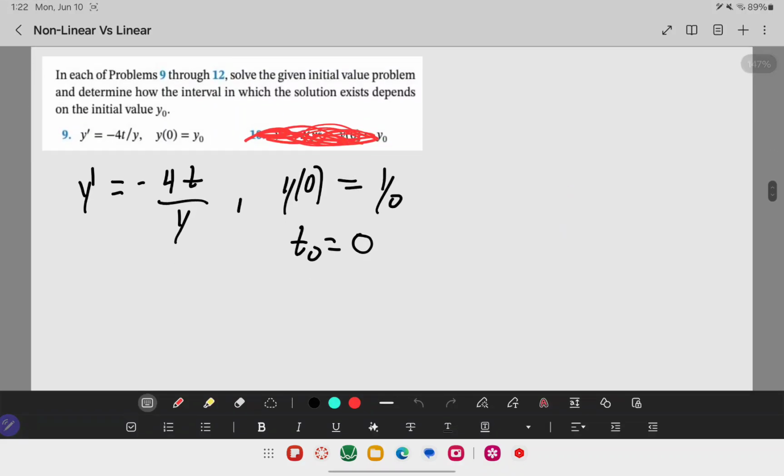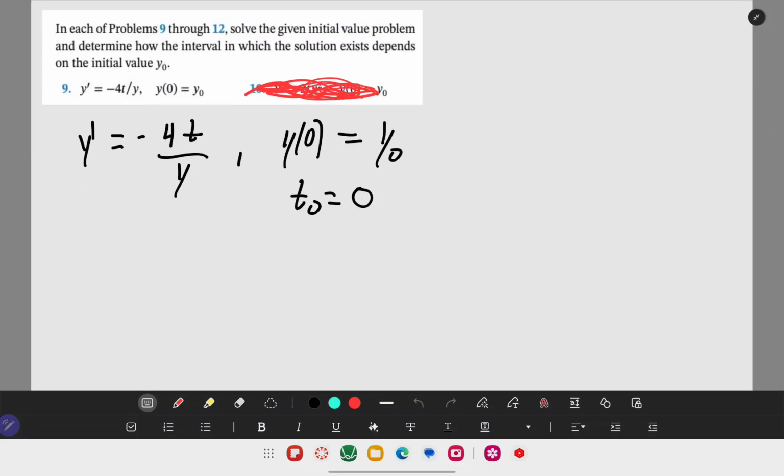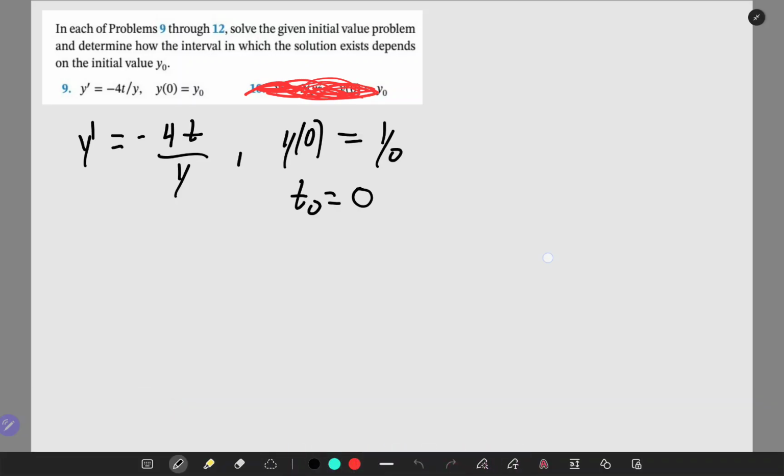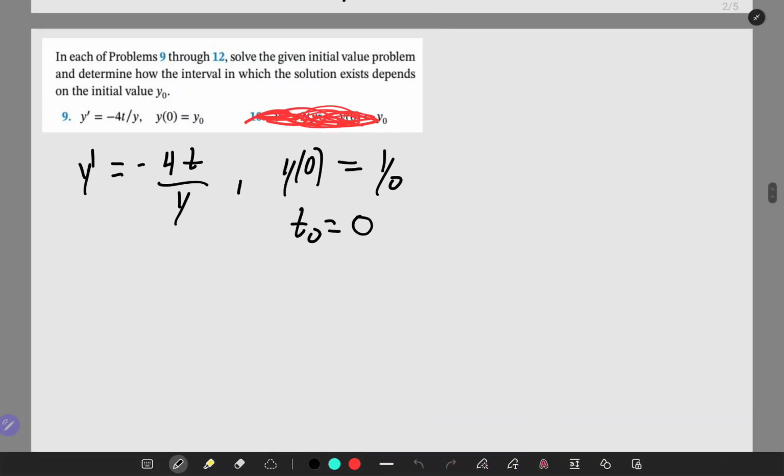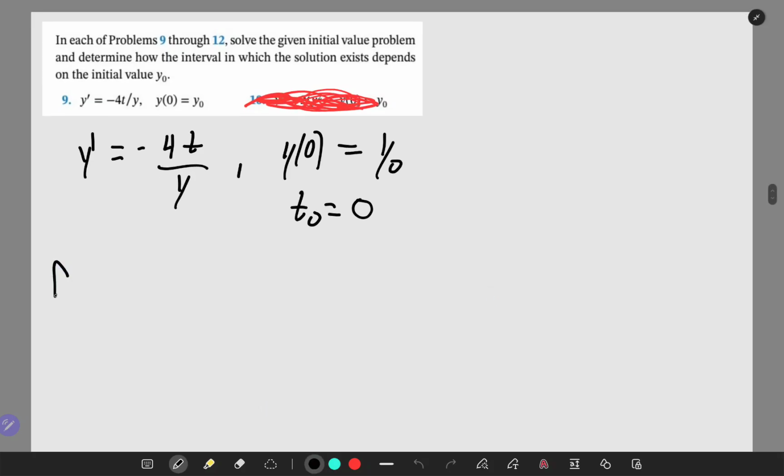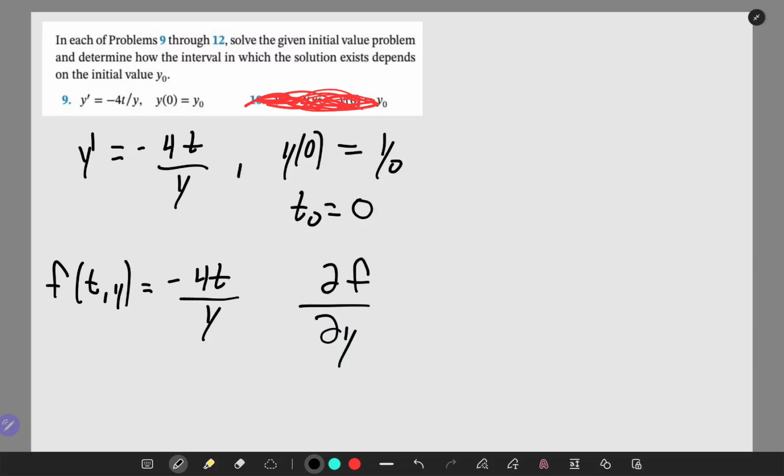Let's go back. So we have this. Let's first write out what our f is. So f of t,y is equal to negative 4t over y. And now we have to take the partial of f with respect to y. And this would be negative 4t times y to the negative 1, right?